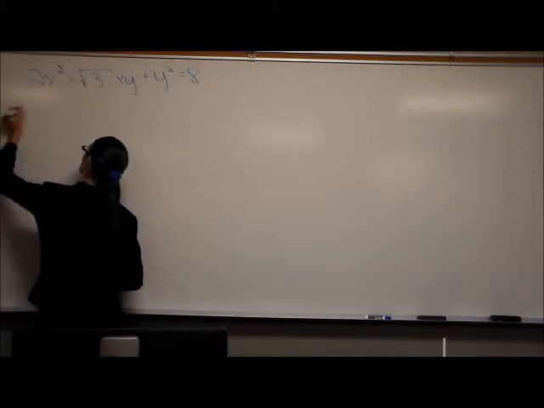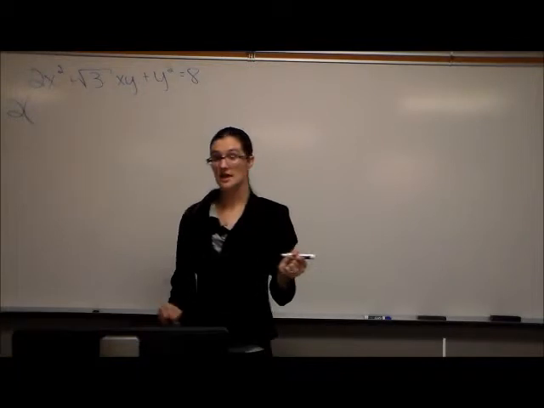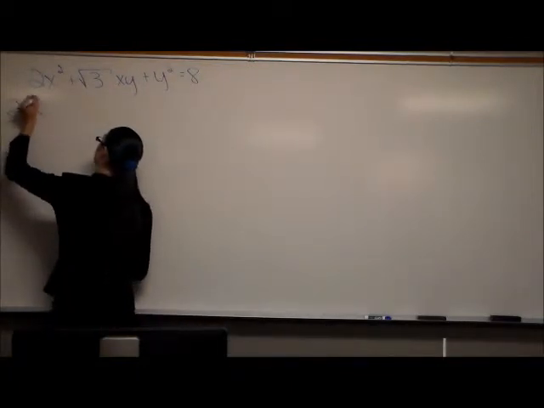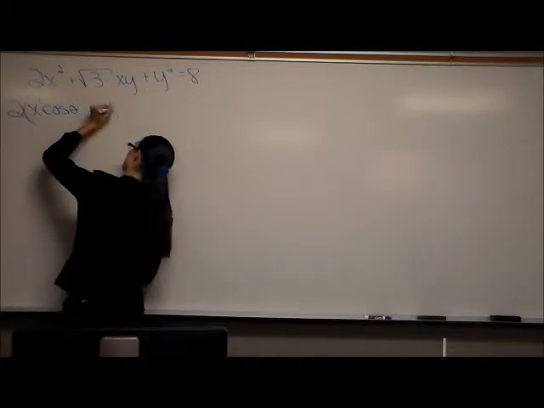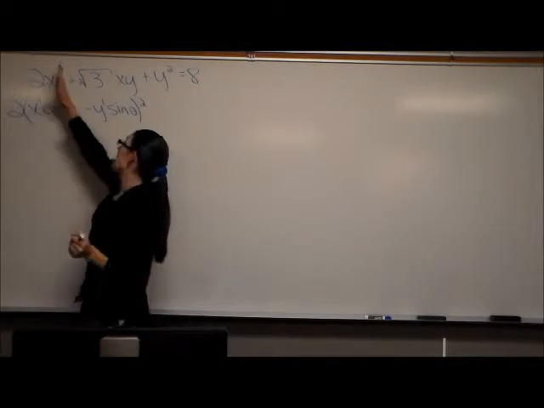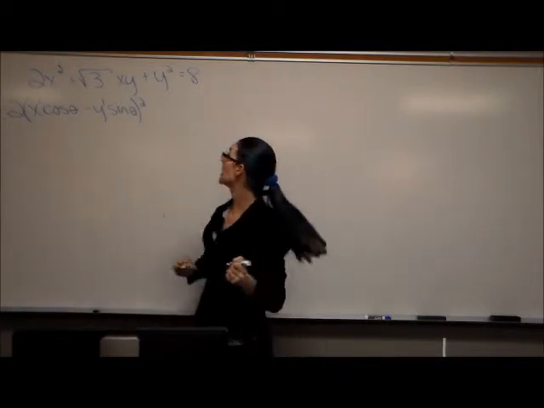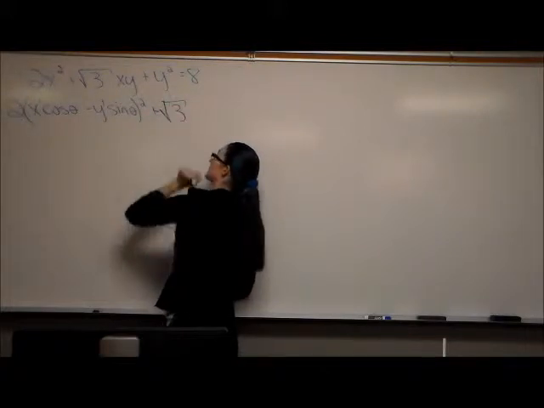So we have 2 times, you have your x, so that's x prime cosine minus y prime sine, squared. I've made it to the end of 2x squared so far, plus the square root of 3.